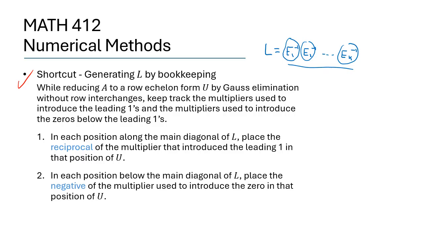You'll find the rule, and we don't need to do this at all. In the process of Gauss elimination, for finding U, at the same time we can set up L easily. How to set it up is just that rule.